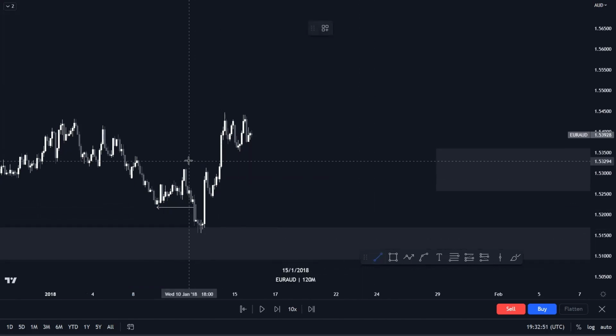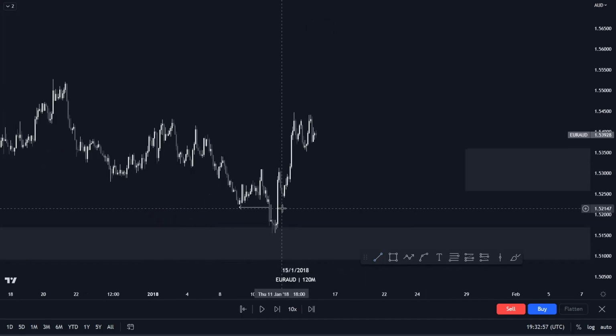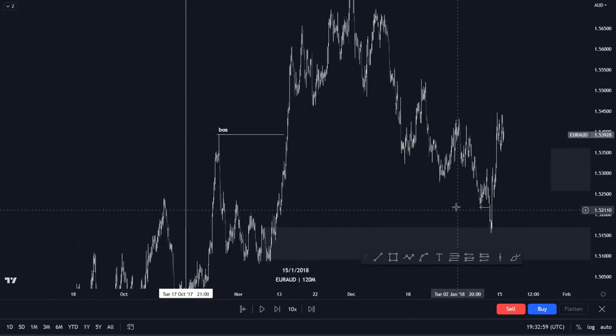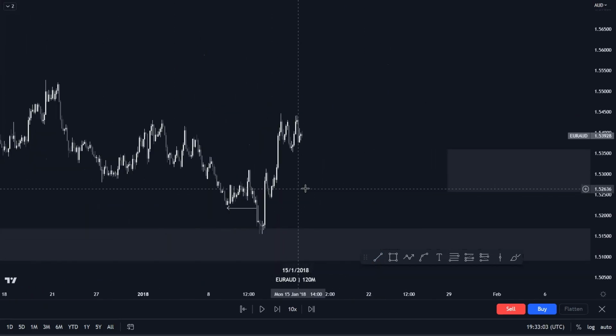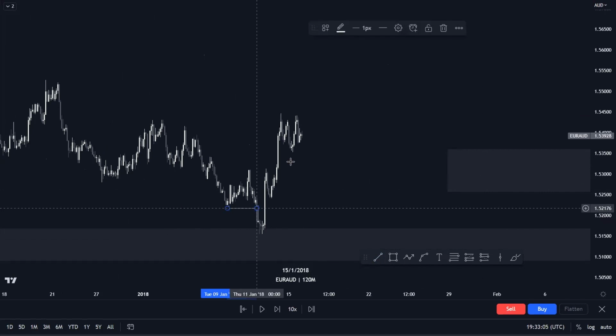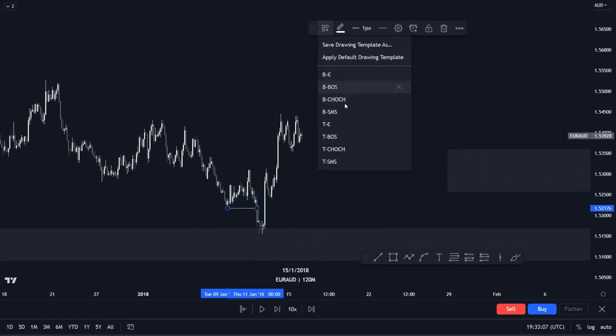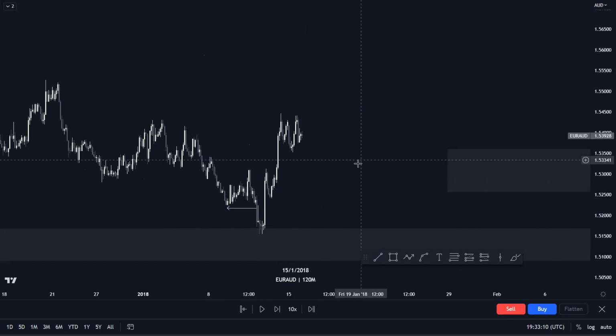I think it's the next chapter. So as you can see here, price tapped into our order block on the higher time frame. Now, looking for your confirmation entries, you would do this.